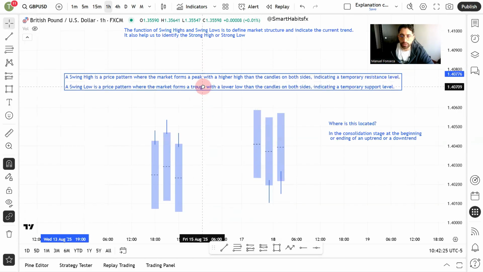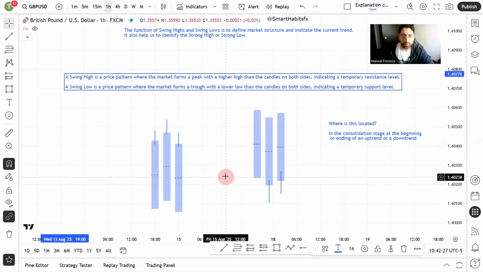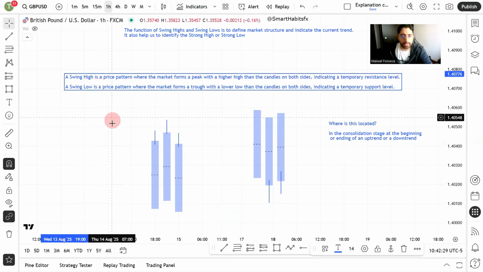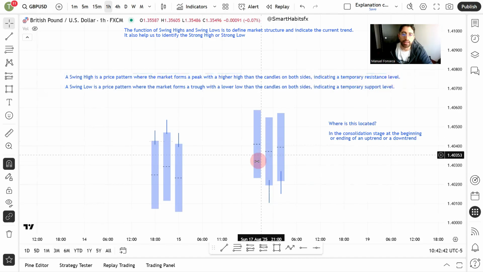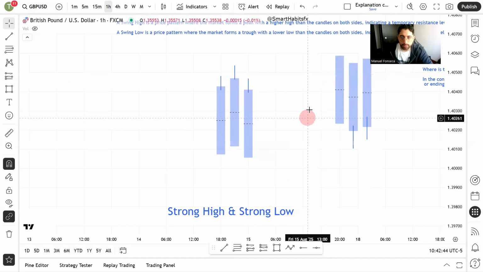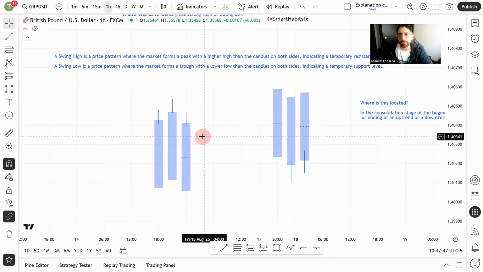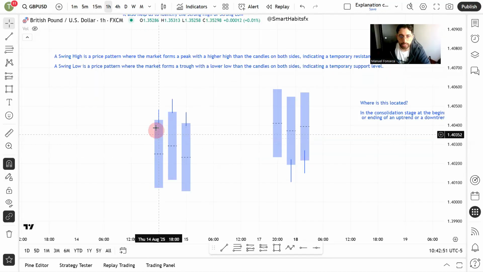It says swing high is a price pattern where the market forms a peak with a higher high than the candles on both sides, indicating a temporary resistance level, as we are seeing in this small example. Most of the cases it is a three candle pattern, which we see here.